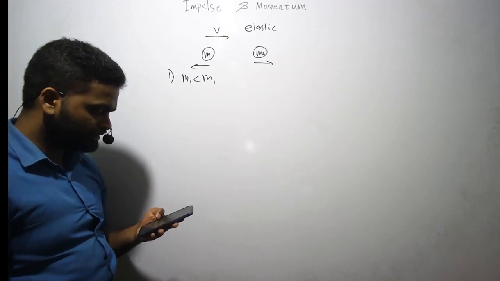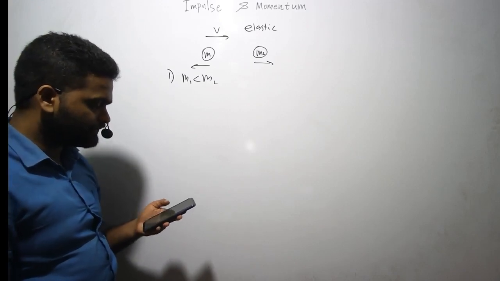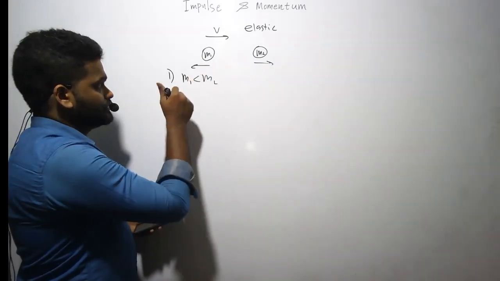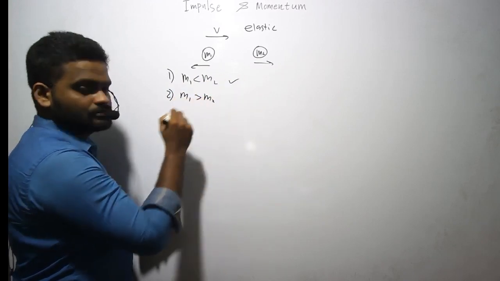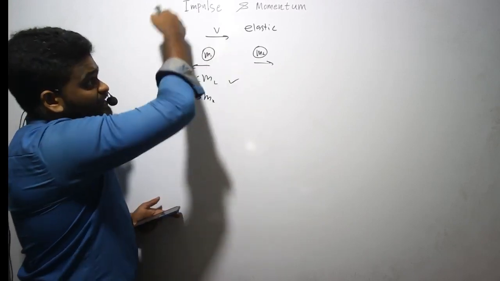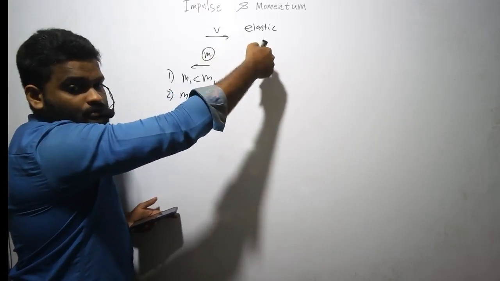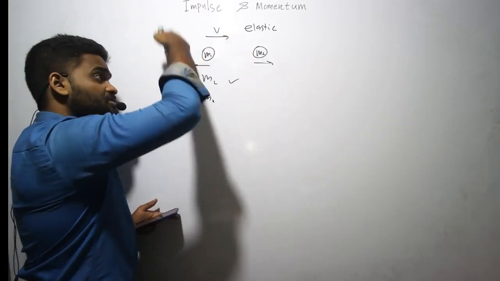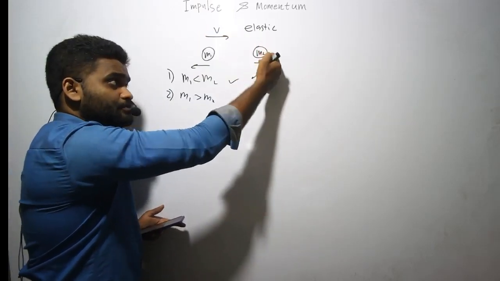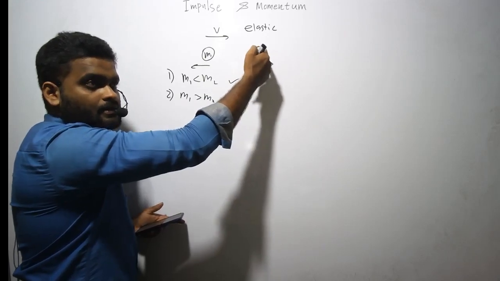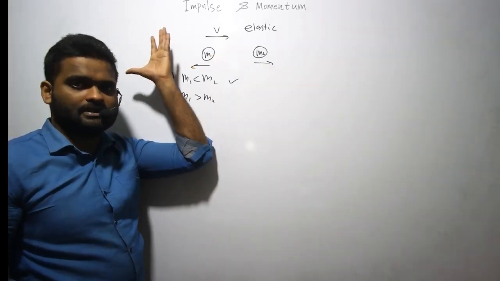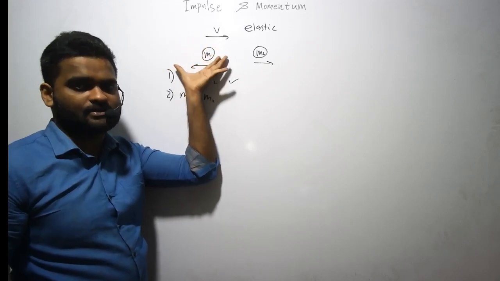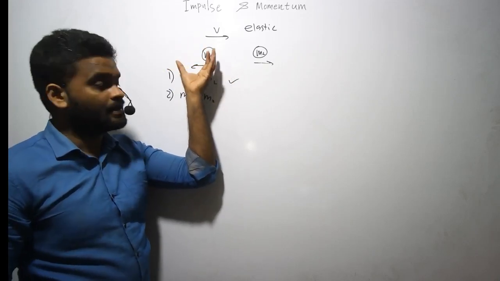Then they say if m1 is larger than m2. So this is correct. Consider that a very large object collides with a small object. Could m1 bounce off? It cannot, because it is very large and the velocity also is large.